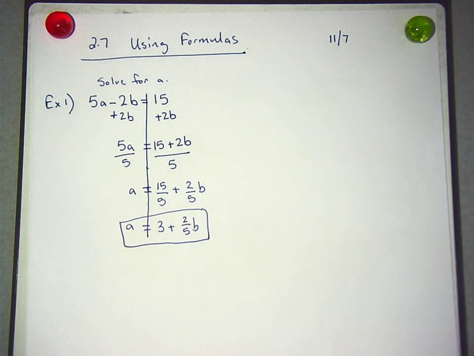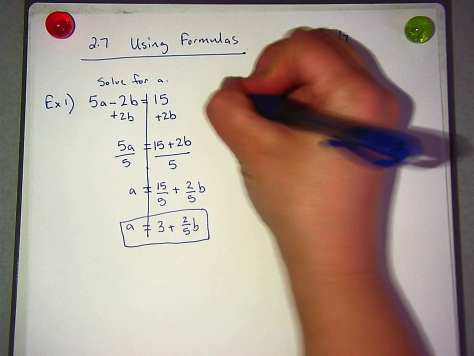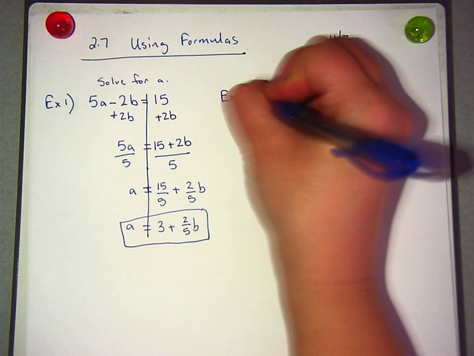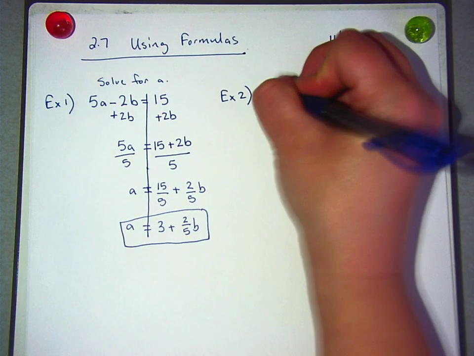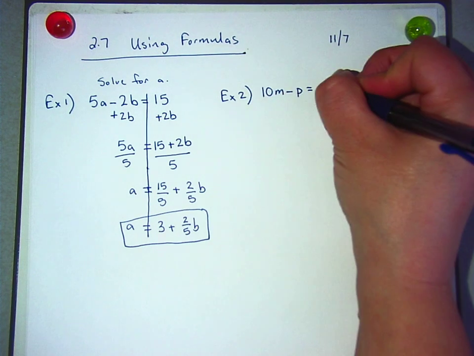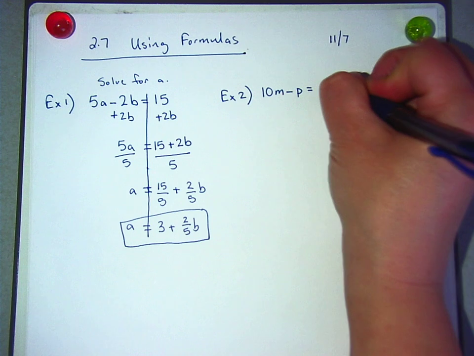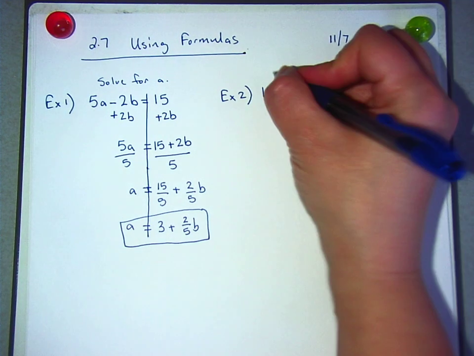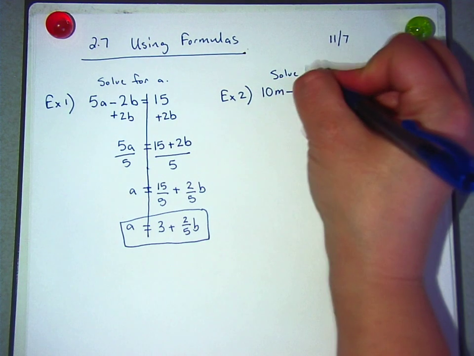All right, we're going to try again. 10m minus p equals negative n. And we're going to solve for m.